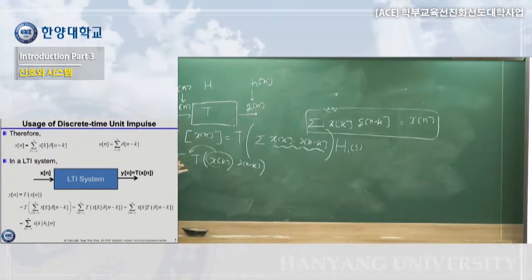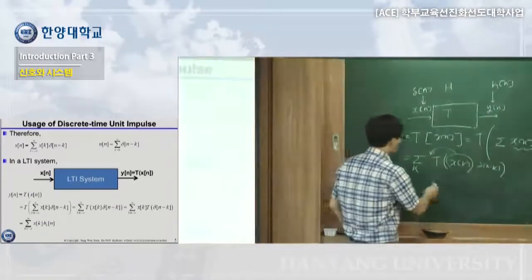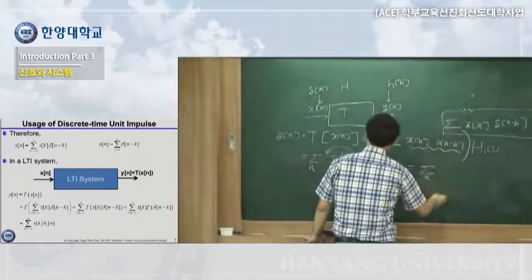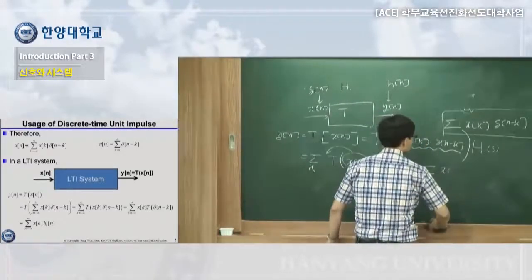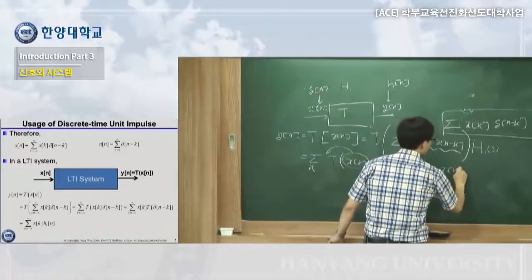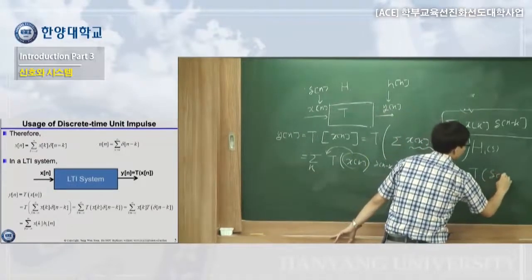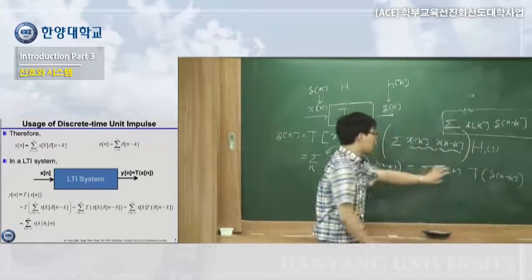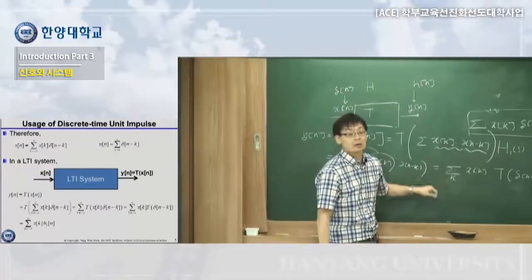When there is a constant times a function, we can take the constant out. So it's x[k] times the transfer function of delta[n minus k]. We cannot take the delta term outside because k is restricted inside it.